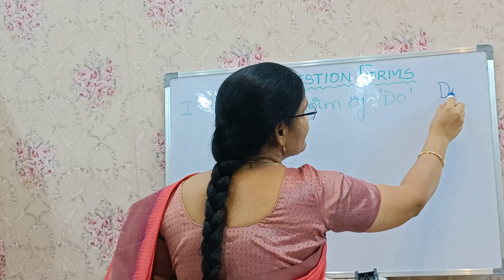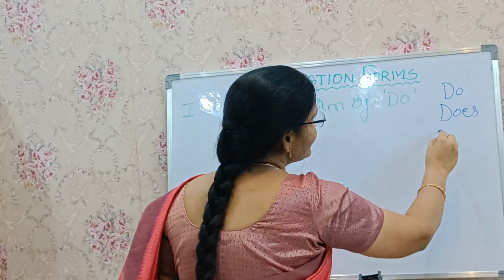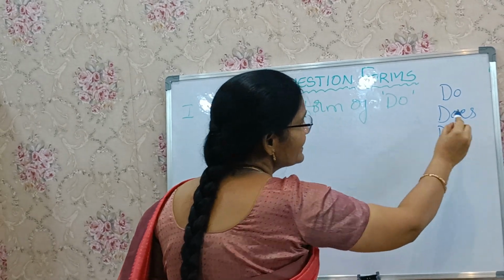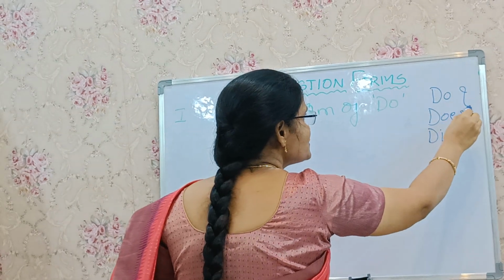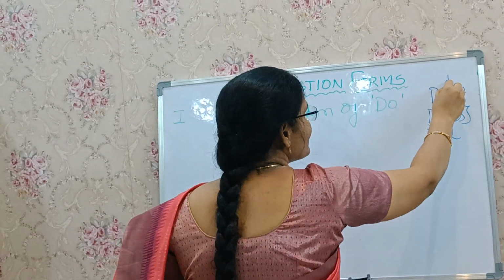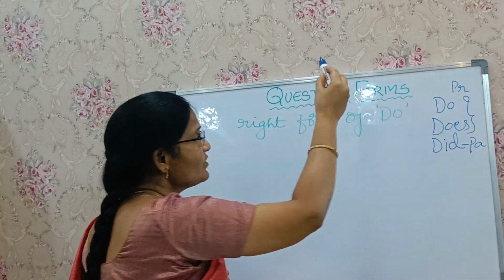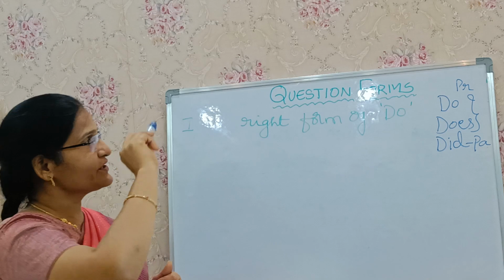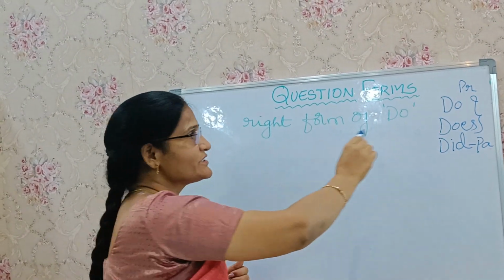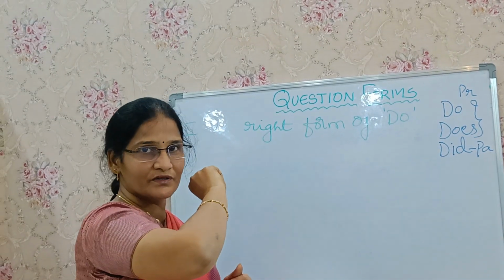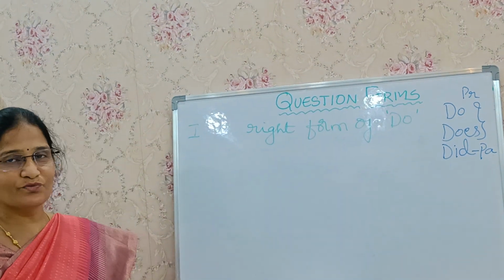The do forms of the verb are do, does, and did. These three are the do forms of the verb. The first two, do and does, are the present tense and did is the past tense. Do is the plural form of the verb in the present, does is the singular form of the verb in present, and did is the past form for both.